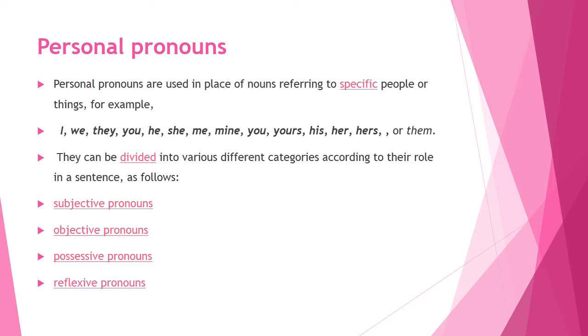For example, I, we, they, you, he, she, me, mine, you, yours, his, her, hers, or them are the examples of personal pronouns, and they can be divided into various categories according to their role in a sentence, as subjective pronouns, objective pronouns, possessive pronouns, and reflexive pronouns.